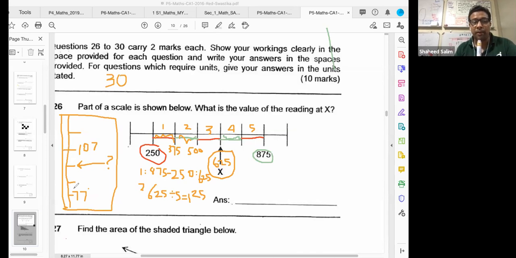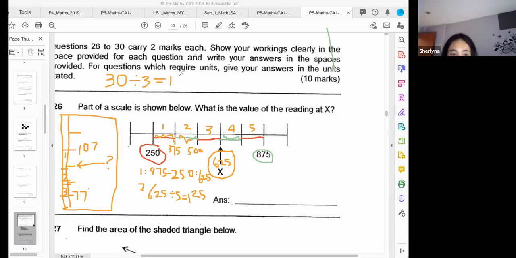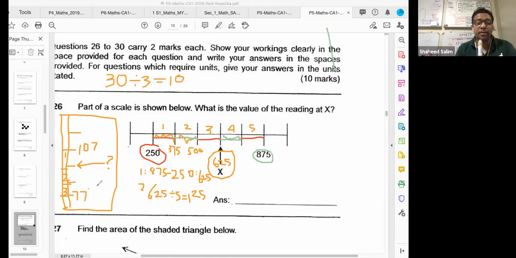How many parts are there between 77 and 107? 3 parts. So now you divide by 3. How much do you get? 30 divided by 3. 10.